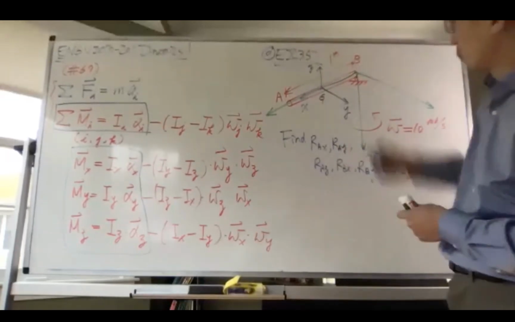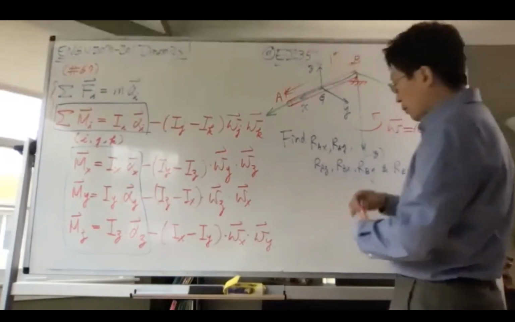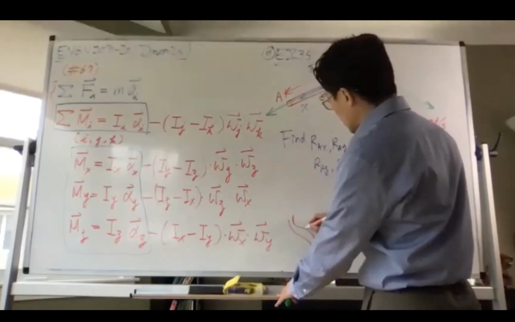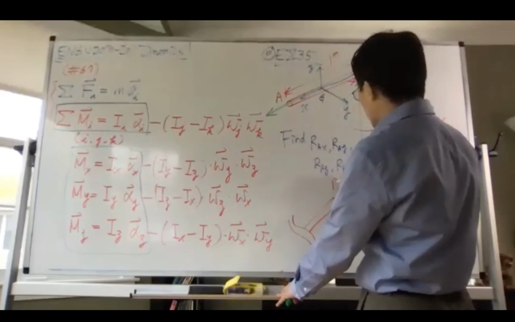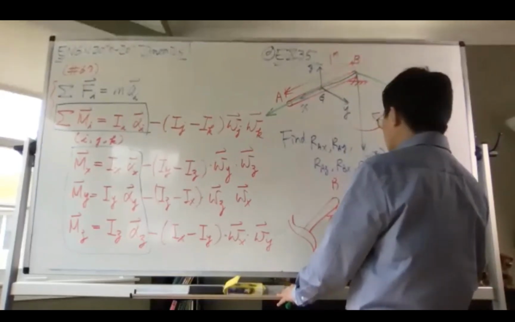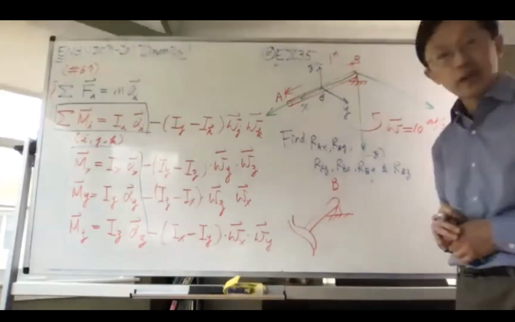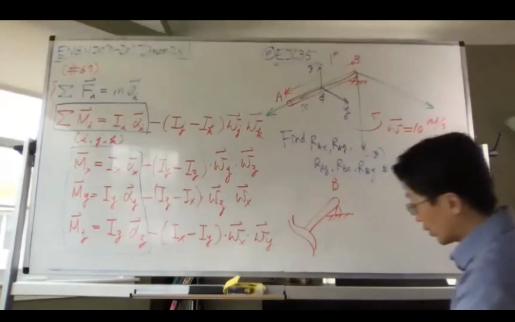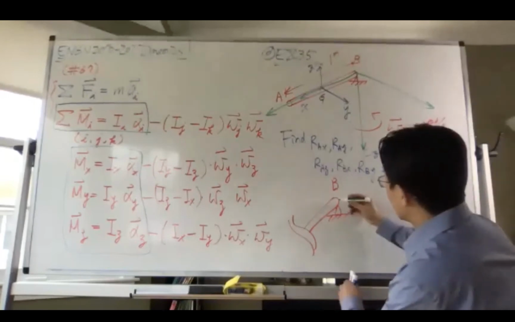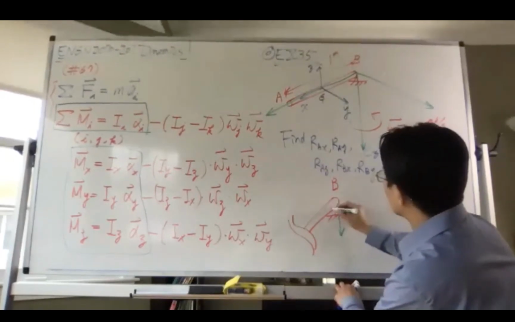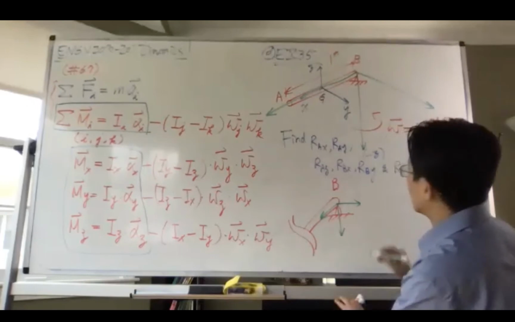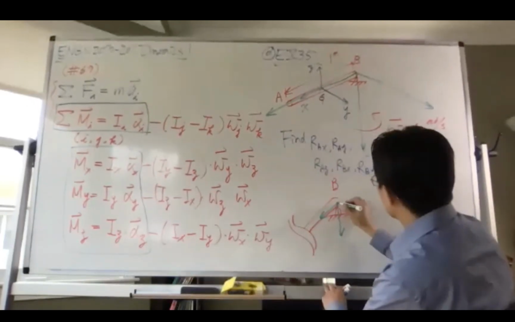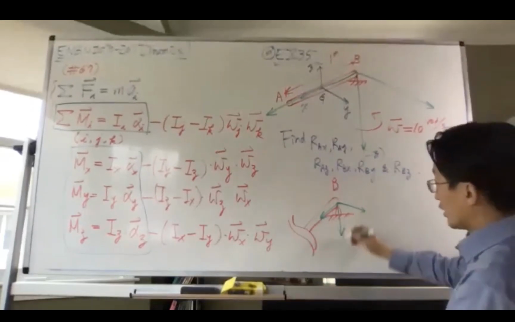So what are these? We'll just take point B as an example. For point B, this is what we want to know. This is B, there's a hinge support. During this angular motion, I want to know what the forces are right here. Are there any forces?